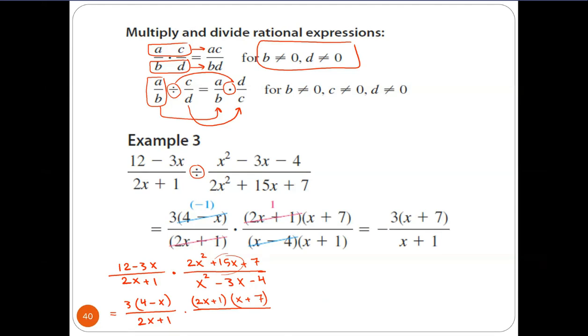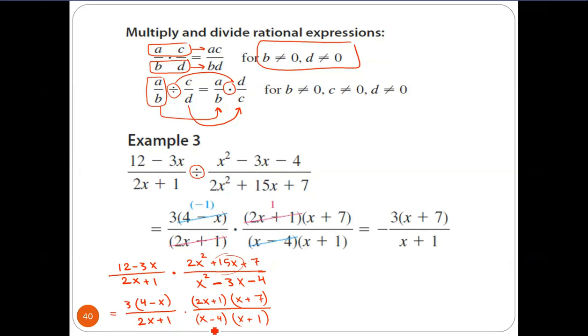In the denominators also, we have x squared, x with x, and negative 5, so we have negative 4 with positive 1 or negative 1 with positive 4. Because we have negative, the bigger number is negative, so x minus 4 and x plus 1, like this.